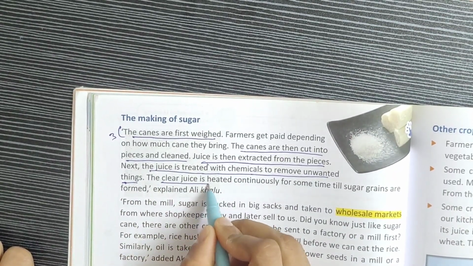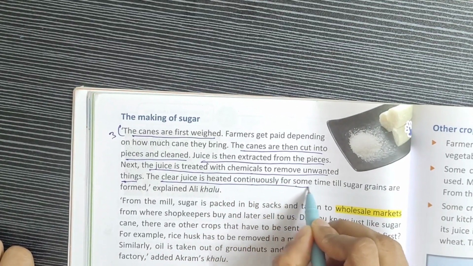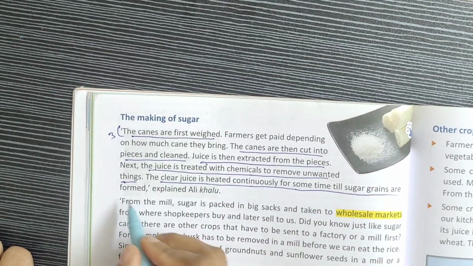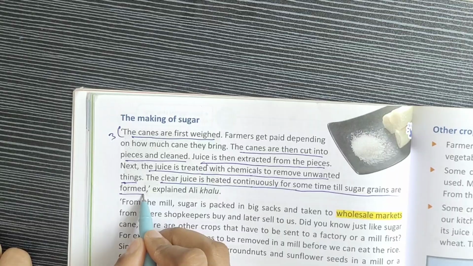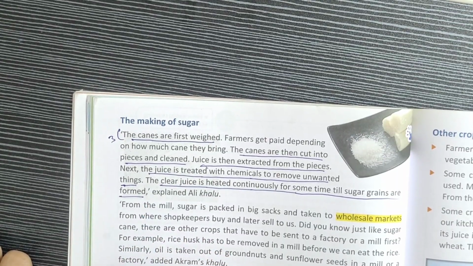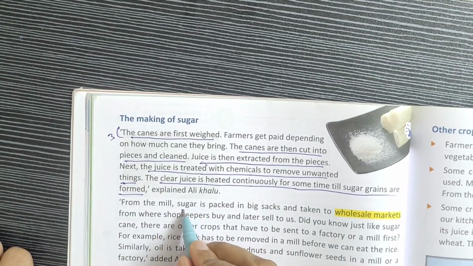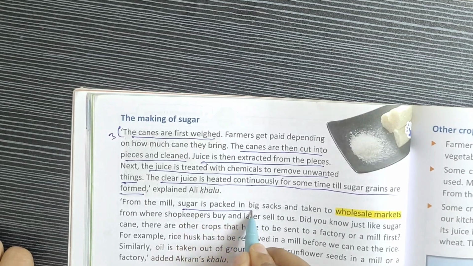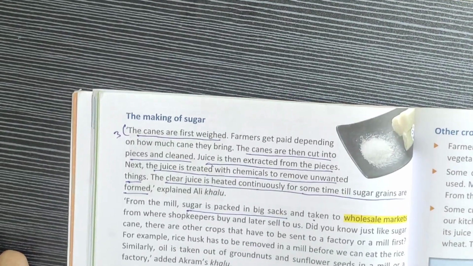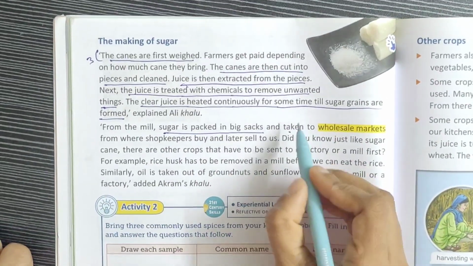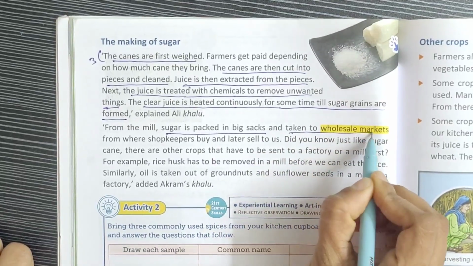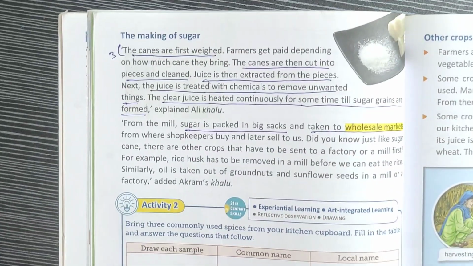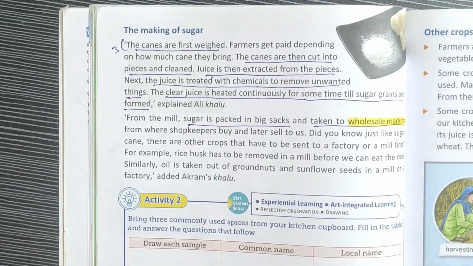The clear juice is heated continuously for some time till sugar grains are formed. The sugar is packed with big sacks and taken to the wholesale markets. This is the process of making sugar. Okay.